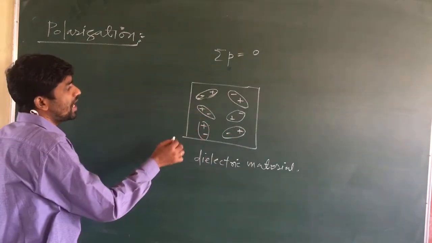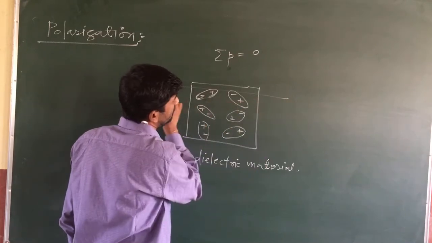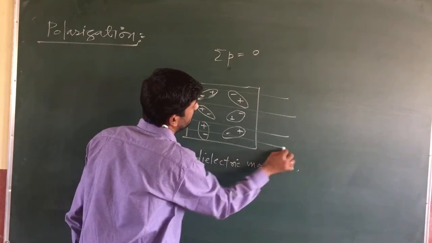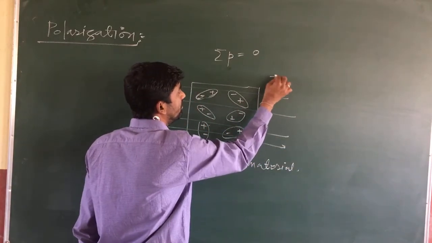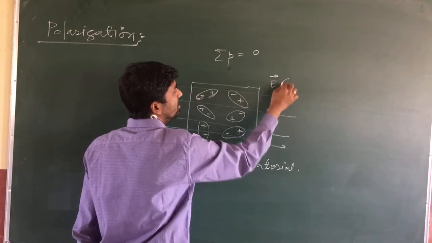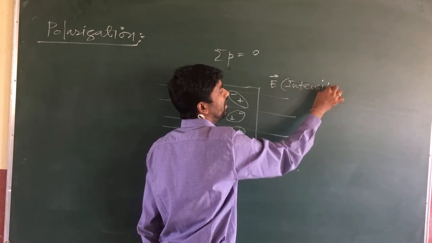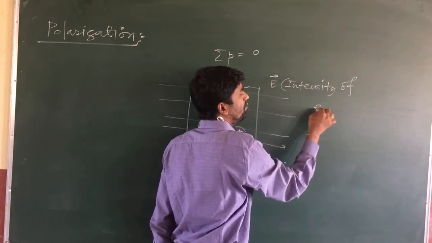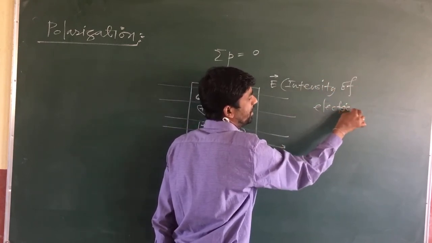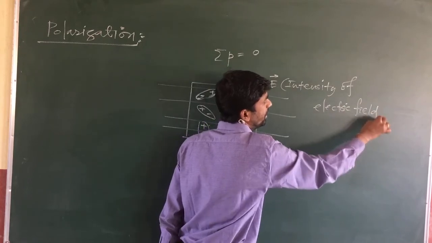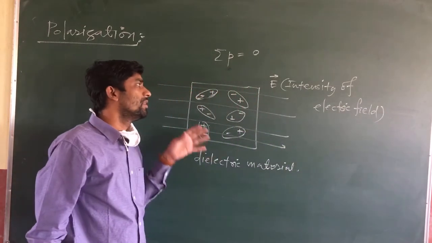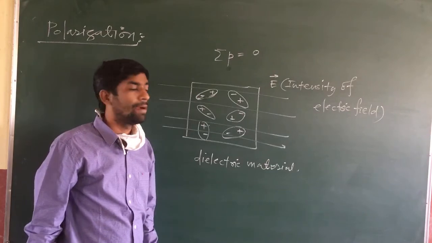Suppose these dipoles are placed in a uniform electric field. I apply the electric field here, where E is the intensity of the electric field. When the electric field is applied, what happens?